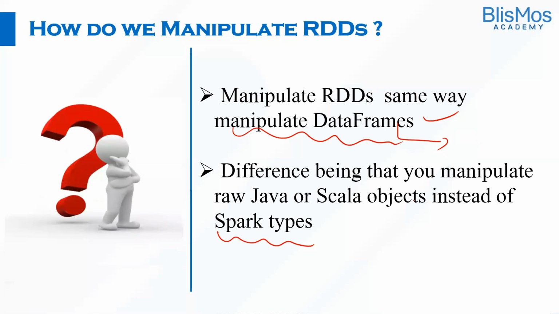But in the case of RDDs, we are manipulating the raw Java or Scala objects. So whenever you want to manipulate the RDDs, obviously you've got to manipulate the Java or Scala objects. But in the case of data frames, we'll be manipulating the Spark types.